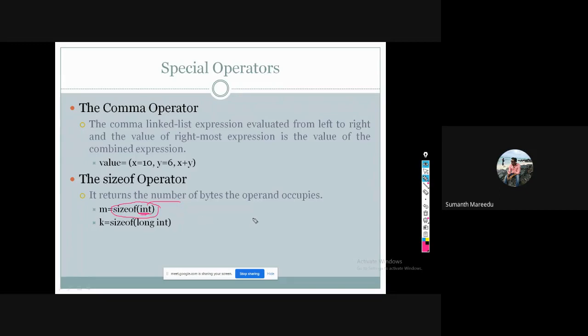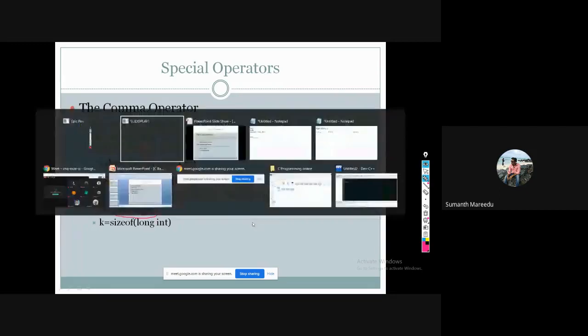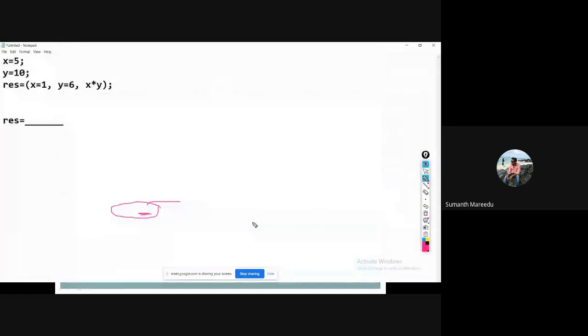You can even write like this. If I have an integer variable, say a, I can even apply the sizeof operation on a: sizeof(a). So a is nothing but an integer.